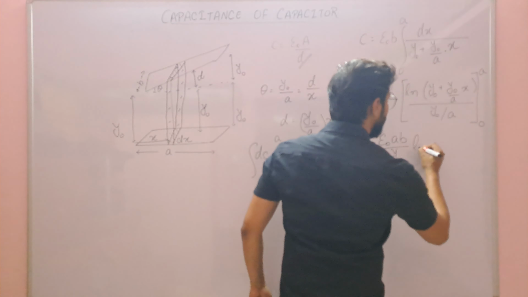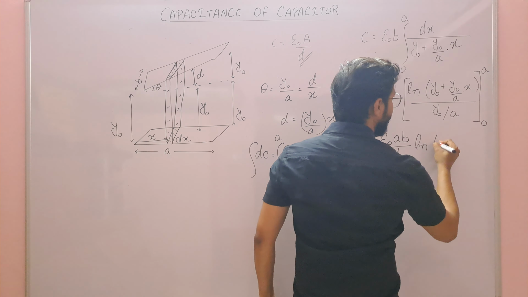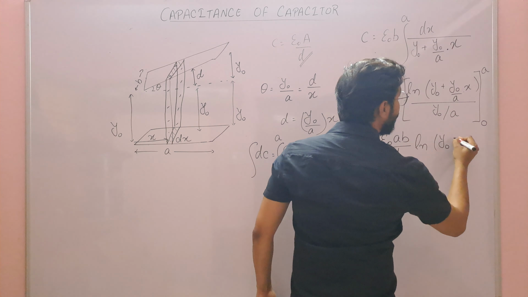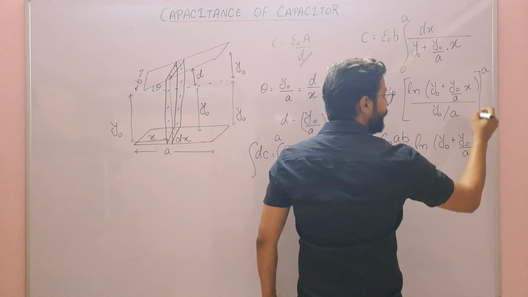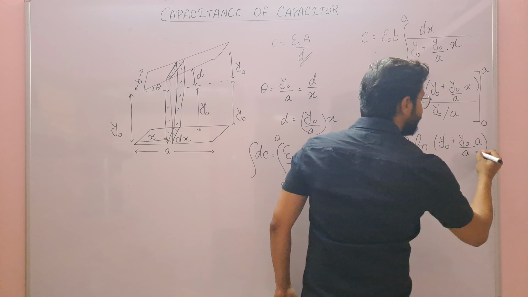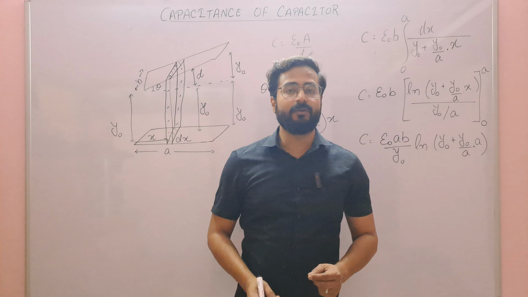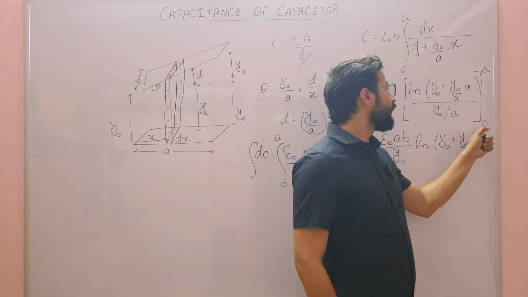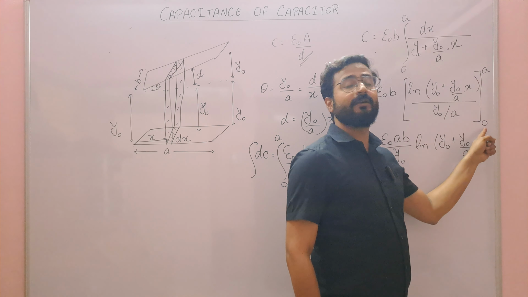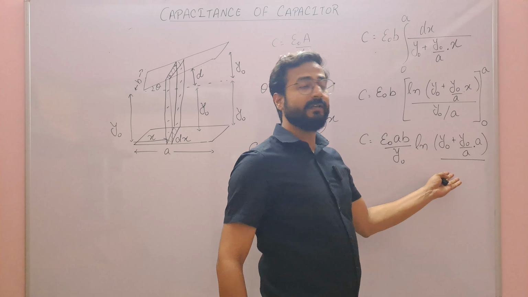Now I am writing the upper limit log. I will put A, then we'll get y naught plus y naught upon A, and in the place of x I am writing A. Now we know that log a minus log b is equal to log a upon b. So with the limit of 0, I can write it as division.